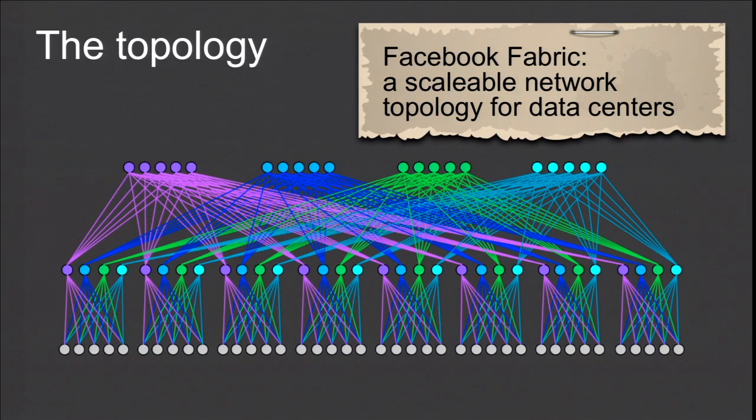Or if you wanted, you can go to 2-to-1 or even 1-to-1. So the topology, as we've built it, is scalable enough. You can go from small to large and from 4-to-1 oversubscription all the way to 1-to-1 oversubscription as you need it. And that was the real key about building a topology that made sense.